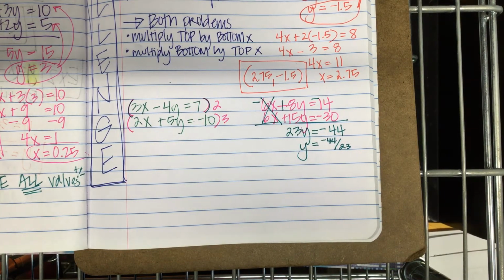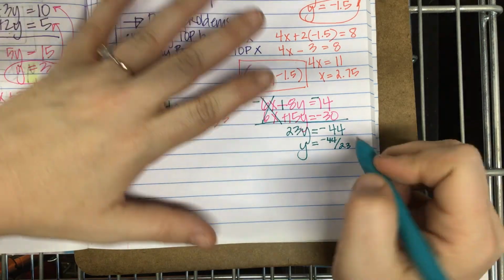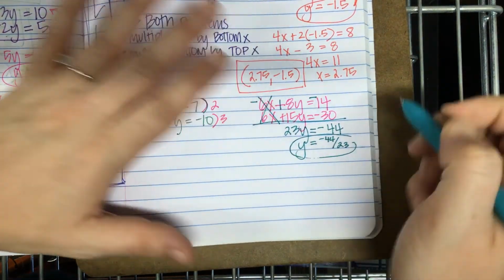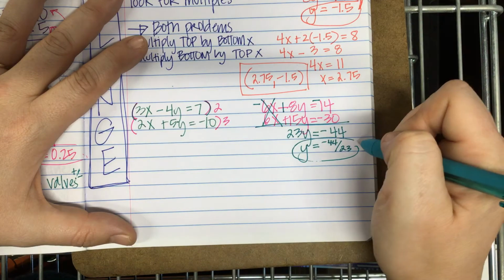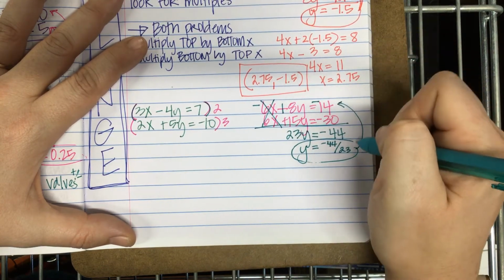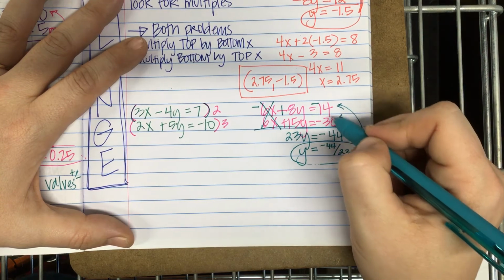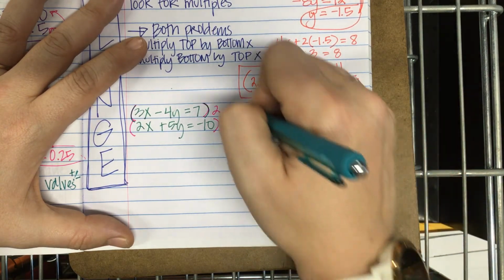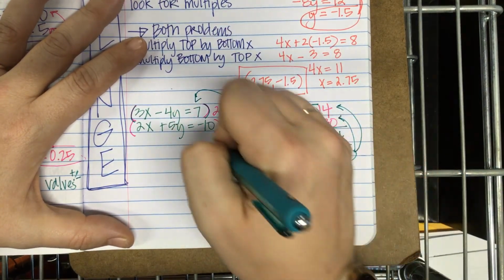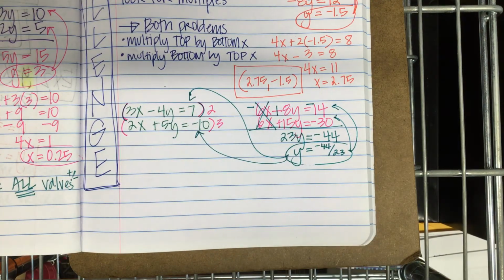In fact, this is even better sometimes because now I can substitute easily because it's not a decimal. Does that make sense? I can substitute into either of these or this guy or this guy. It does not matter. All of them, if I do my math right, will get me the same solution.